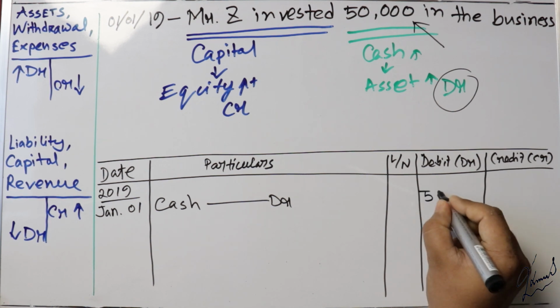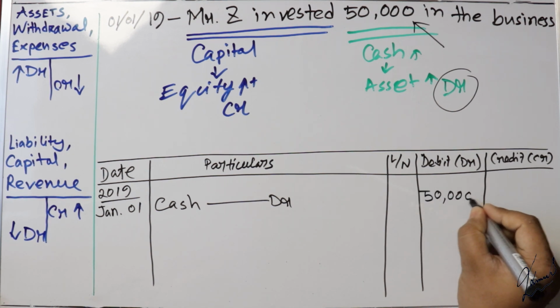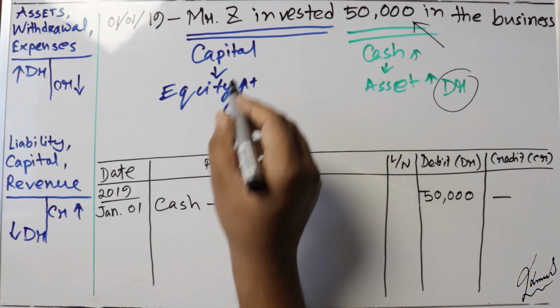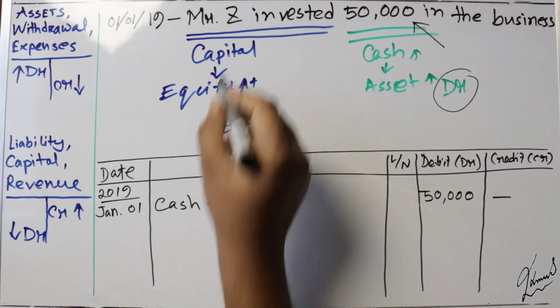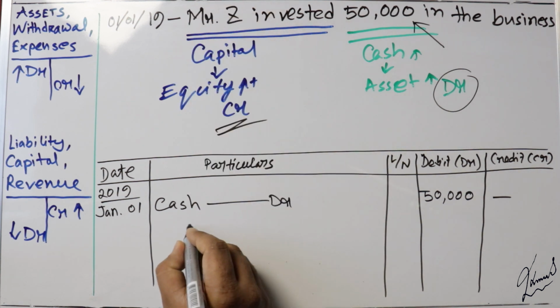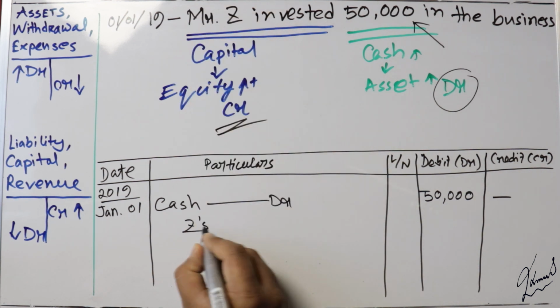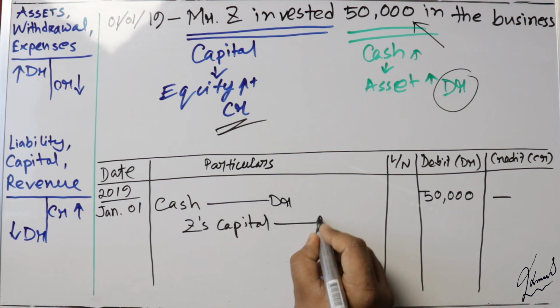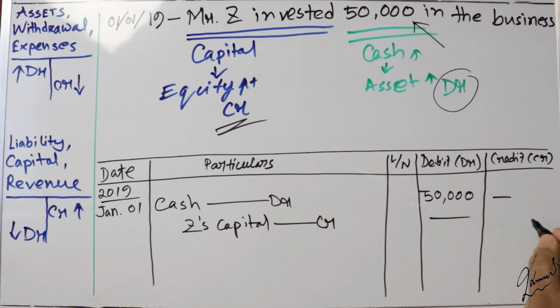Under the debit column, because it's a debit account, we will put the amount, and we'll leave the credit column, and then the credit account, that is Z's capital. So we can write Z's capital, which is a credit account, and we will leave the debit column and go straight to the credit column and write the figure.